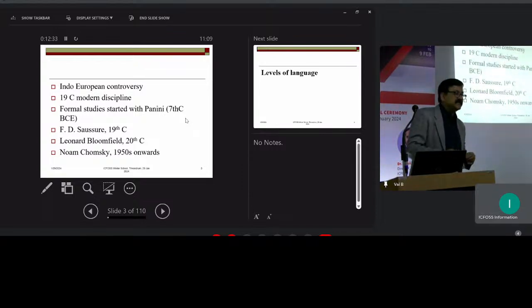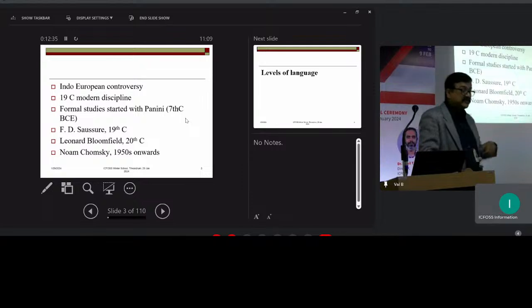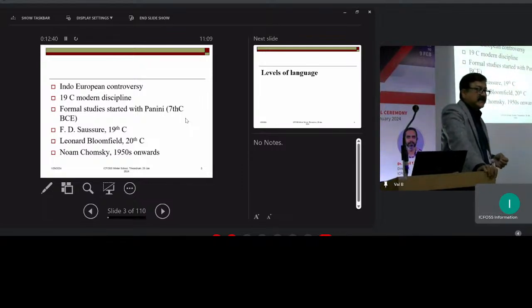But none of them were actually able to capture it completely. Noam Chomsky failed miserably in his entire academic career to come up with a sound system even for the English language. But Panini's grammar is the only grammar so far written artificially for a natural language.